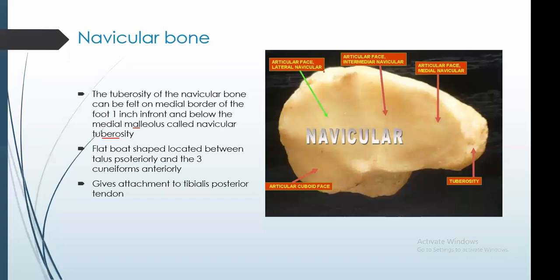You can see the articular facets for the lateral and intermediate cuneiforms for the articulations. And this is the medial tuberosity, which we were talking about, which you can feel on the medial side.